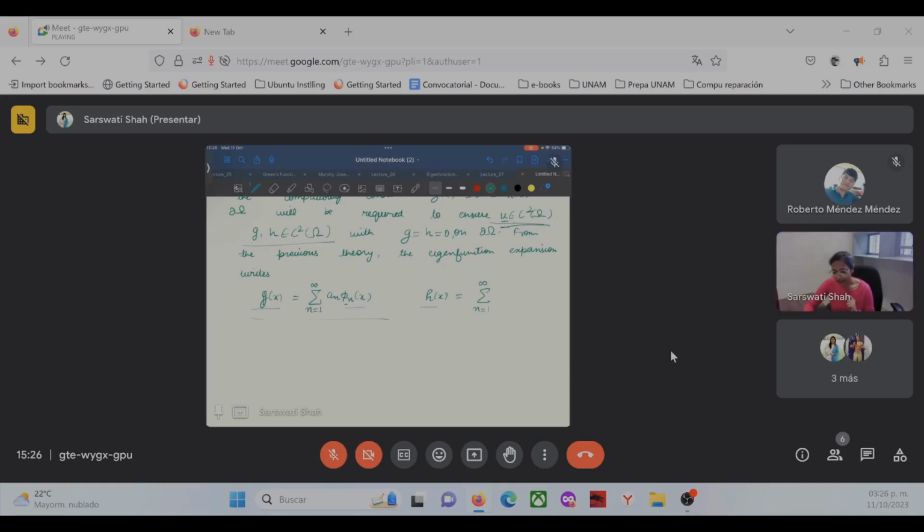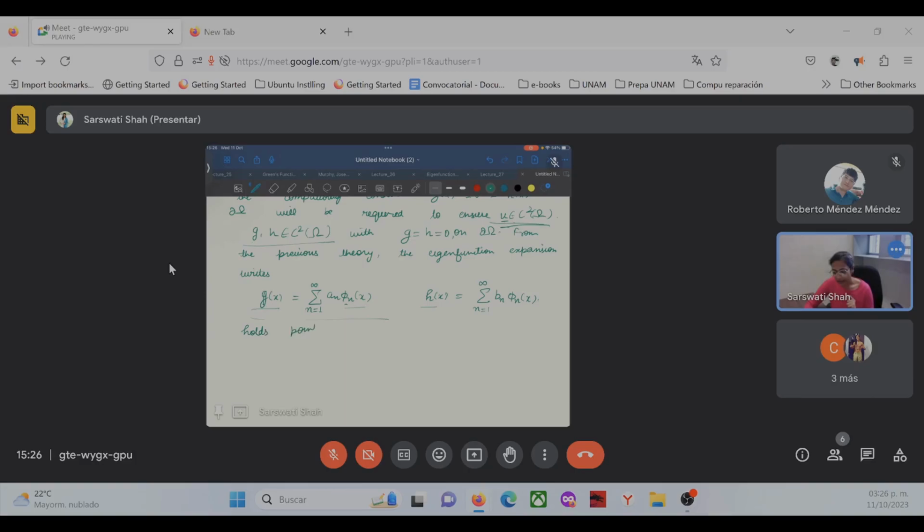I suppose the coefficients. Exactly. So every time you are writing a vector, only the coefficients change. So this h(x) can be written as the sum of b_n phi_n(x), and this holds pointwise.